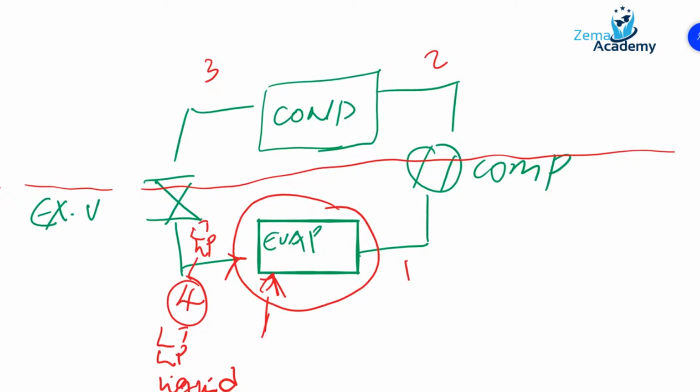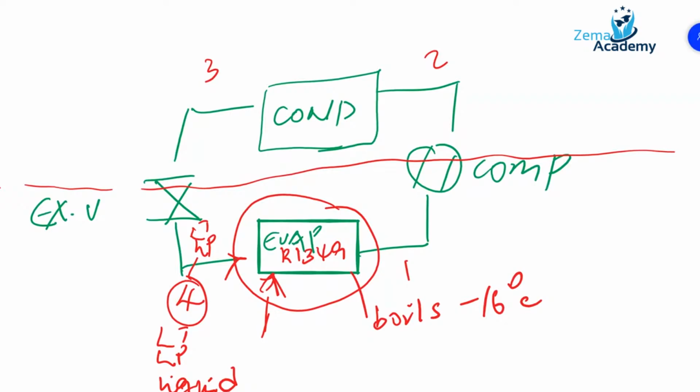As it travels through the heat exchanger, the evaporator, the refrigerant boils. The advantage of using a refrigerant is that it boils at a very low temperature. For instance, if we take R134A as an example of a refrigerant, it boils at minus 16 degrees C. As you can see, it boils at a very, very low temperature.